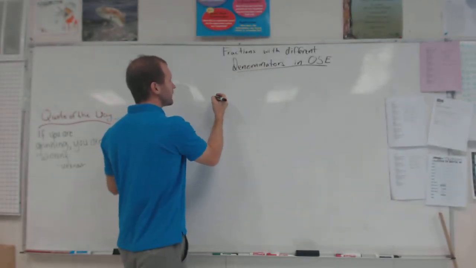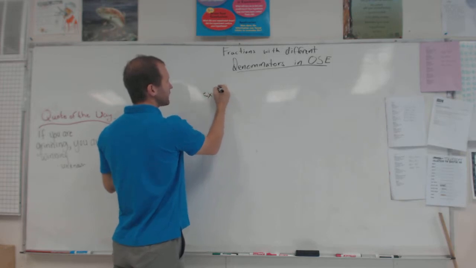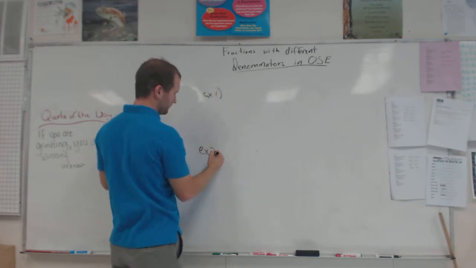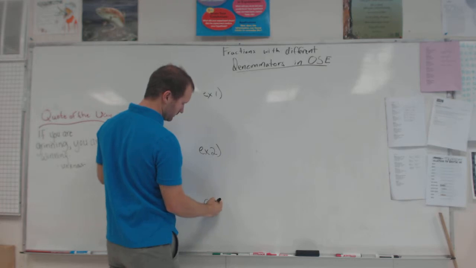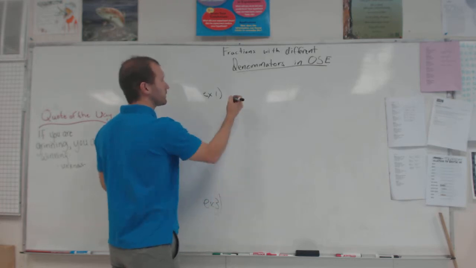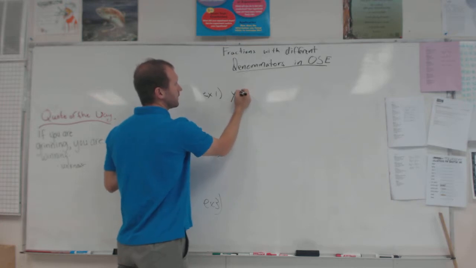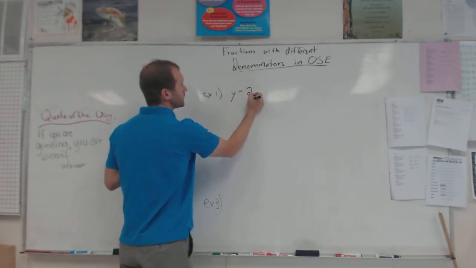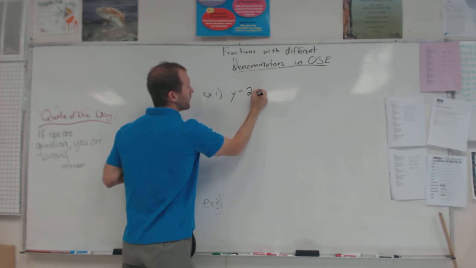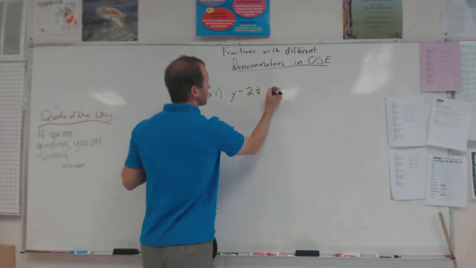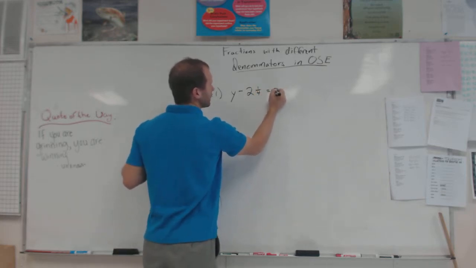So that's pretty much it. Let's do 3 examples. Okay. We had y minus 2 and 1/4 equals 3 and 1/2.